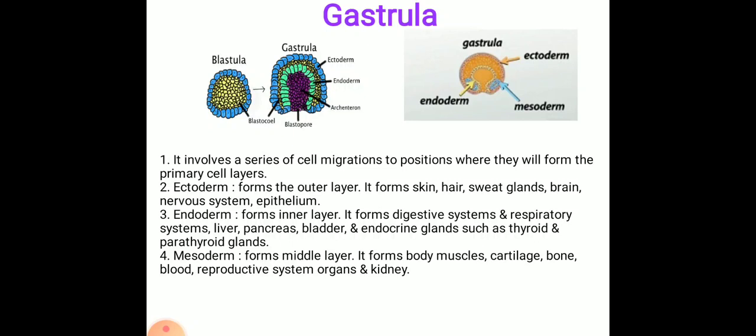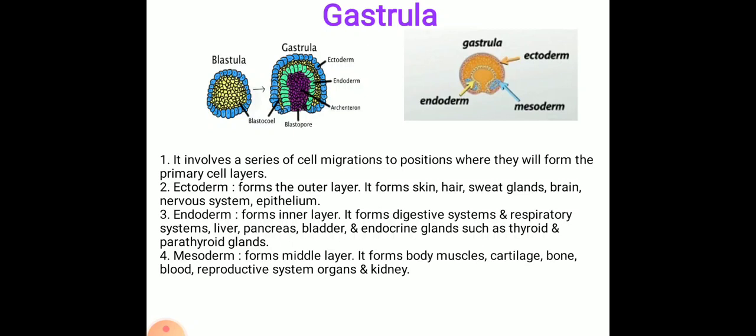There are other glands in our body. What are those? Exocrine glands. Exocrine glands are duct glands. They do not secrete any hormones. They secrete only some juice, like salivary glands. Those are exocrine glands.